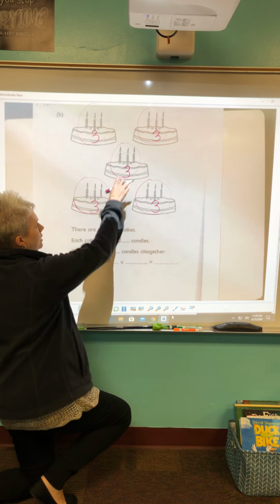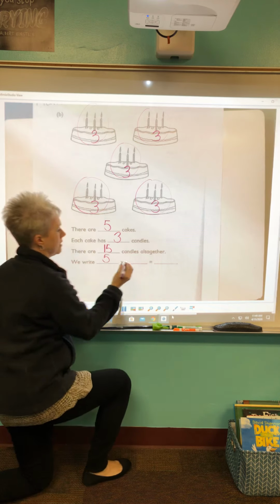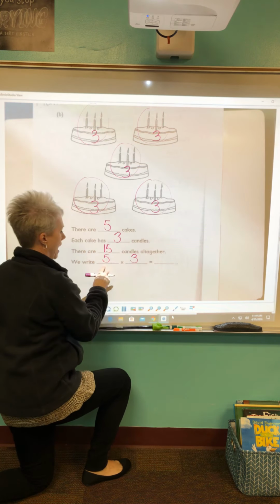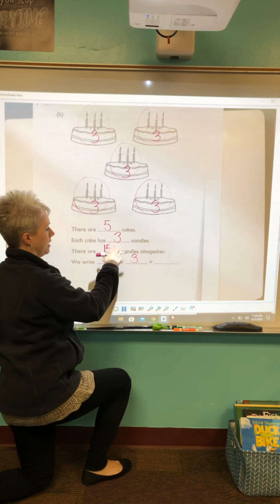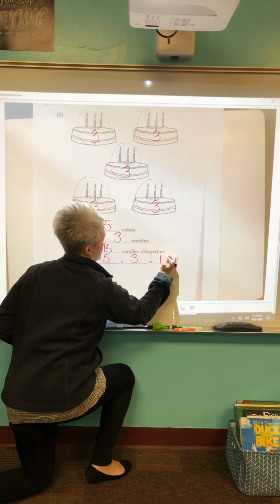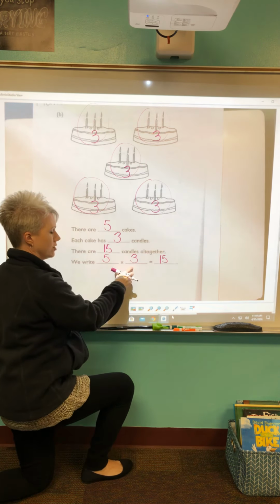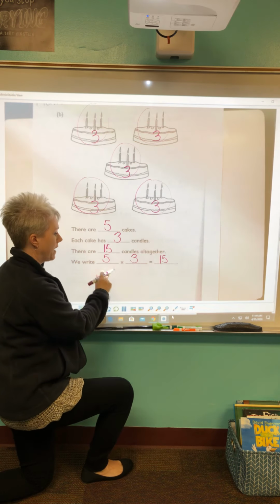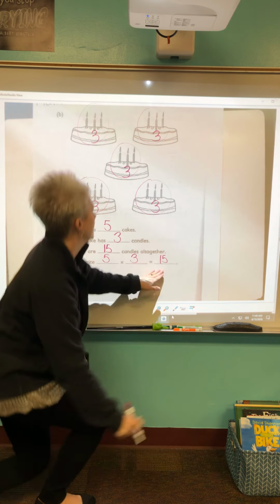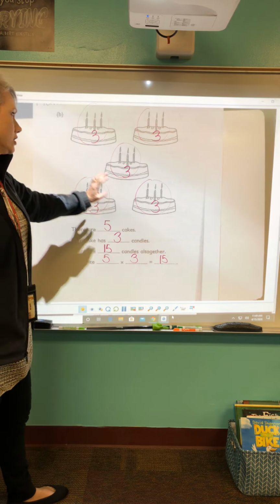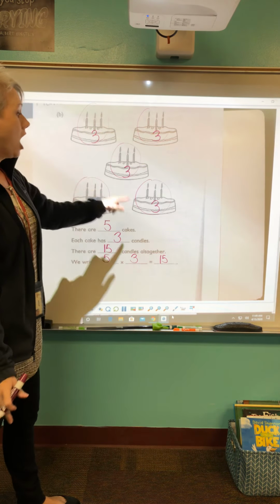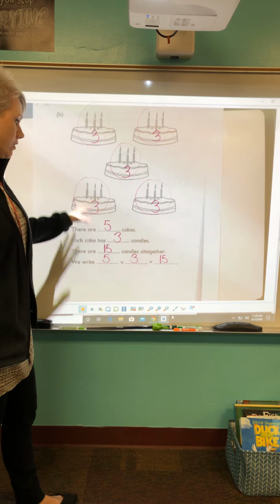How many are in each group? 3. 5 groups of 3 equals how many altogether? 15. 5 times 3 equals 15. 5 groups of 3 equals 15. And this shows us what that looks like in an illustration. I have 5 groups of 3, and all together I have 15.